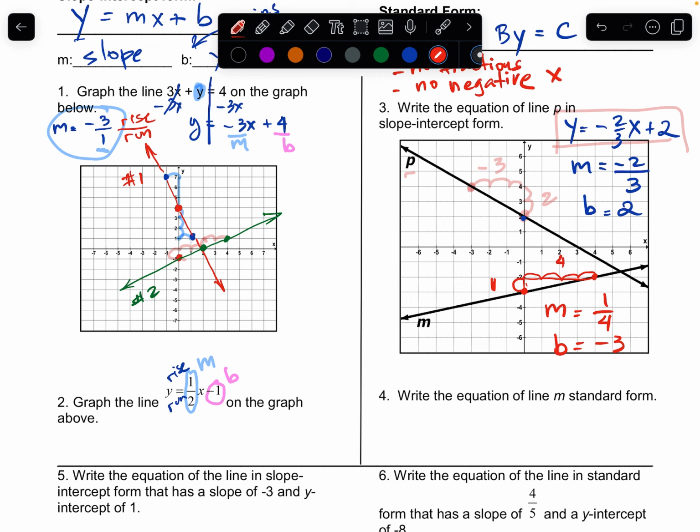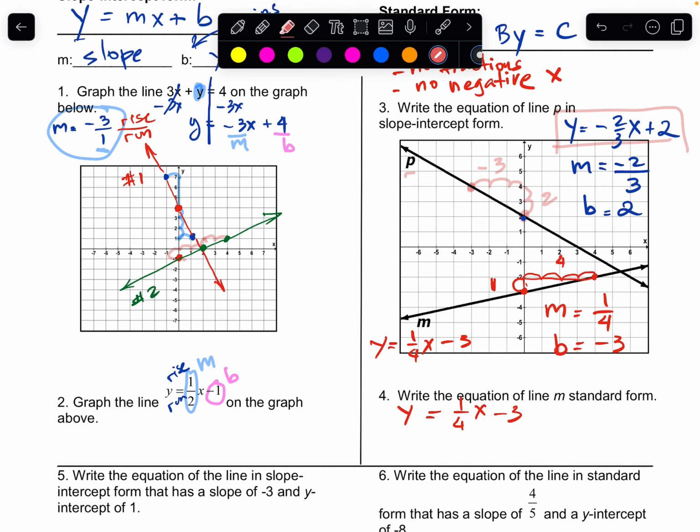So now I'm going to write my equation as y is equal to 1/4 x minus 3. Now I want to write this in standard form, so let me put the equation right here. y is equal to 1/4 x minus 3.